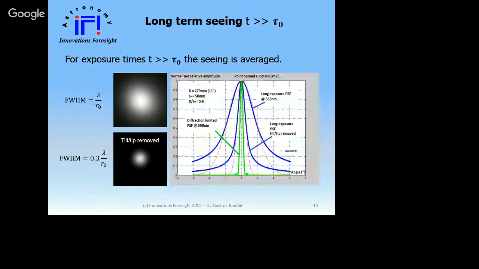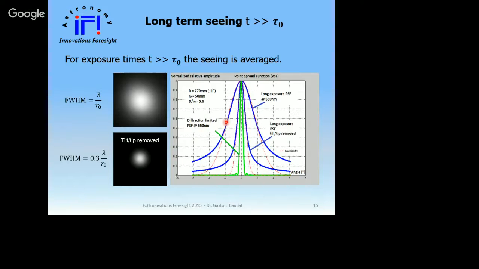Here I have a profile of a typical star. This is an 11-inch scope with a 50 millimeter R0, 5 centimeters, roughly 2 arcsecond seeing. So D over R0 is roughly around 6. In green, you see the diffraction limit of the scope, which is roughly half an arcsecond.